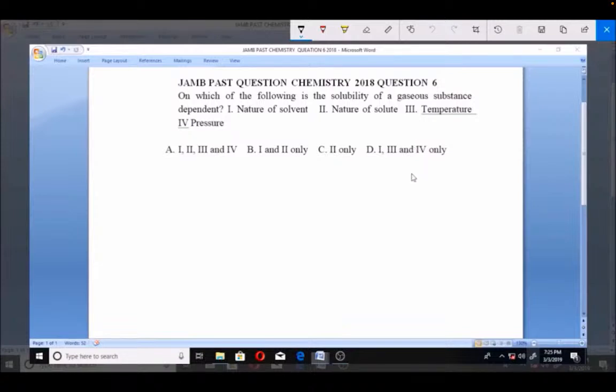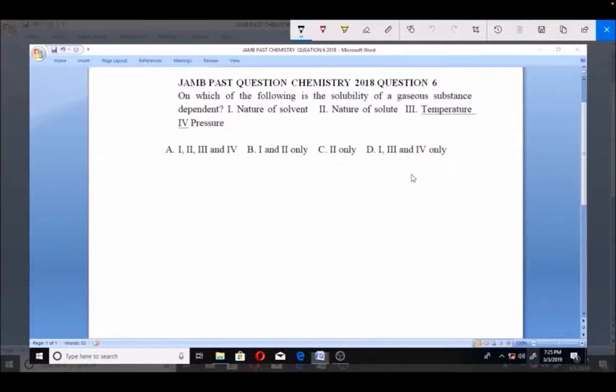So what is the correct answer to this question? Now, for us to fully understand this question and be able to take very good care of it, we need to first of all know the factors that determine the solubility of gases.